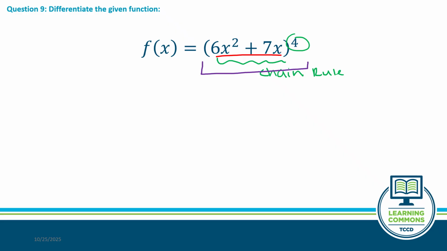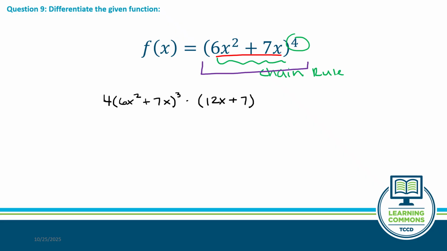So the outside derivative is going to be 4 times (6x squared plus 7x) to the 3rd, times the derivative of the inside, which is going to be 12x plus 7.